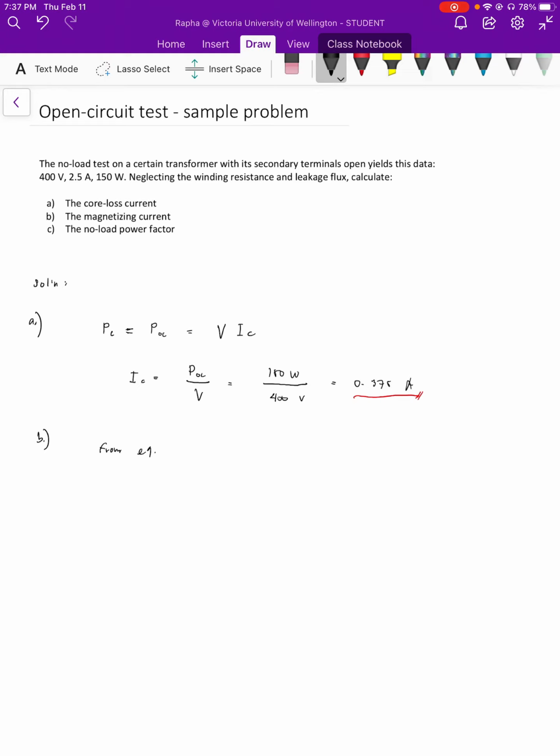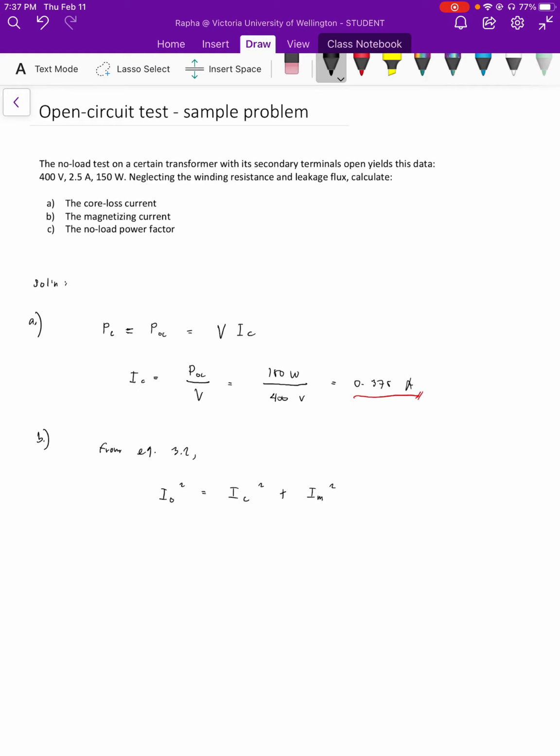From equation 3.2, we have the no load current squared is equal to the sum of the square of the core loss current IC and the magnetizing current IM.